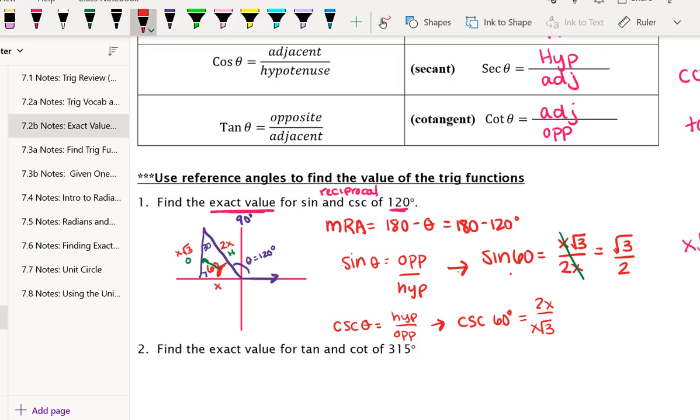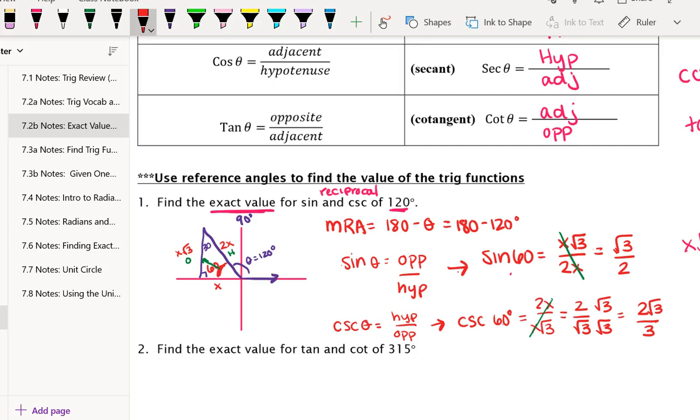So I'm reversing it. Now again, the x's cancel, but remember what we did in section 1 where we had a radical in the denominator. That's not okay. So I'm going to rationalize the denominator, and I get 2 root 3 over 3.